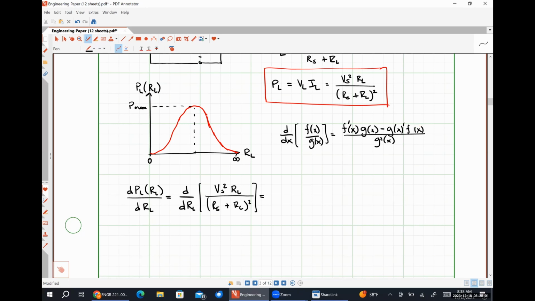Okay. So let's see here. So what's the derivative of VS squared RL with respect to RL? VS squared. So we'll have VS squared times (RS plus RL) squared minus, all right, so what's the derivative of RS plus RL quantity squared?